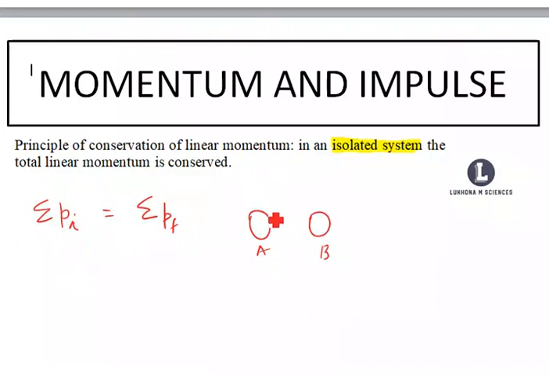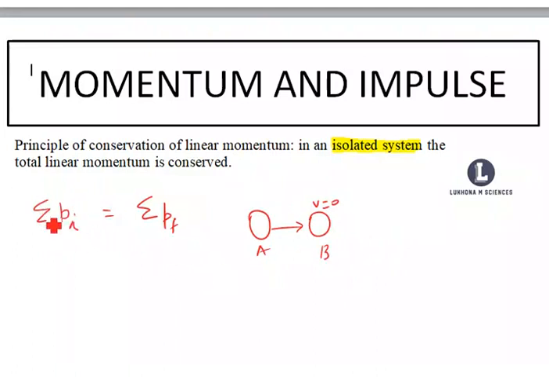they collide. Let's say this one is not moving, for example, and this one is moving towards it. When they collide, if the system is isolated, the total linear momentum before the collision will be equal to the total linear momentum after the collision.